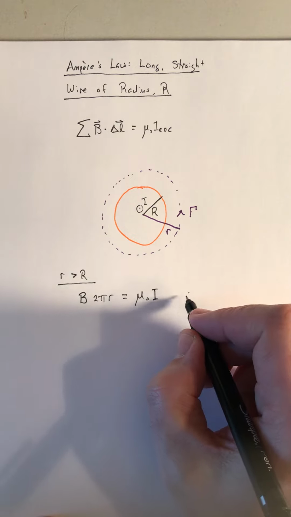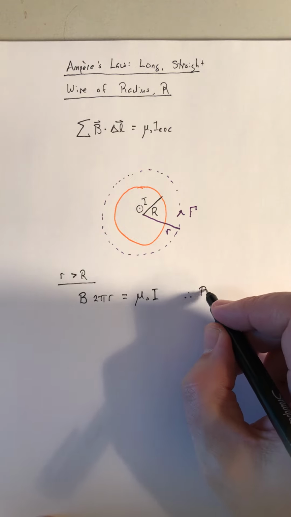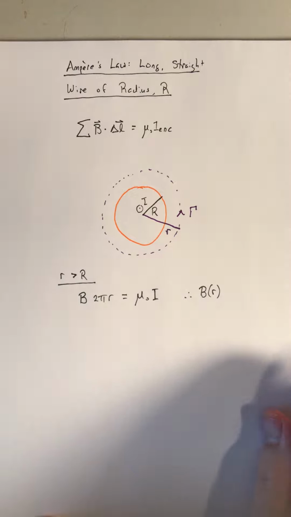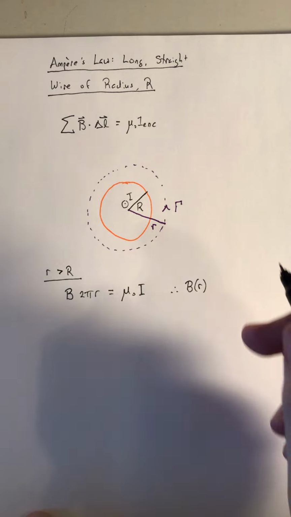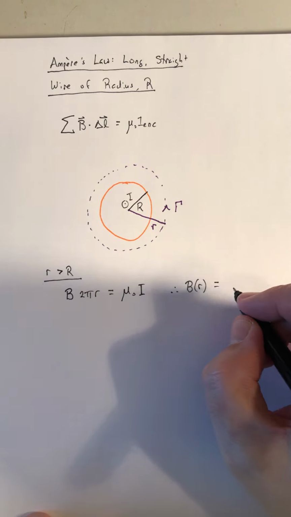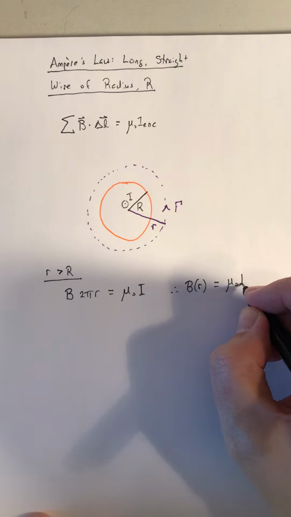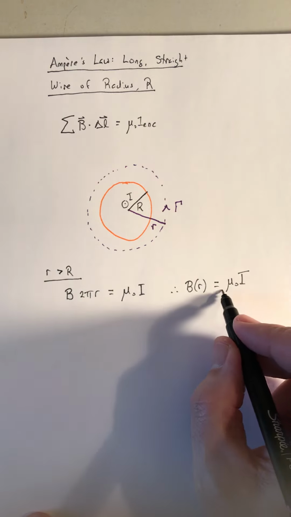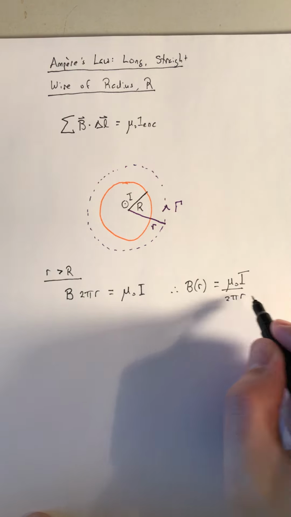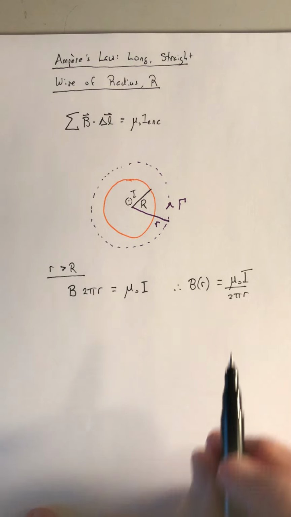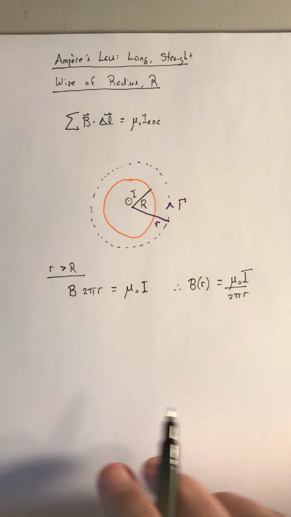And this tells me the magnetic field as a function of distance away from my long straight wire is going to be mu naught times I over 2 pi r, which we already knew, but that's where it's coming from.